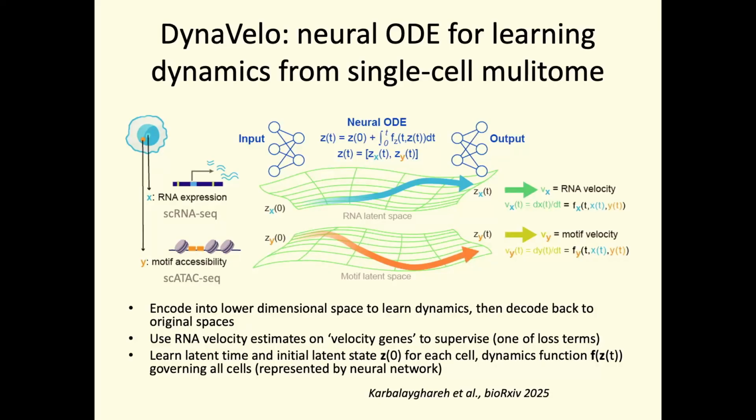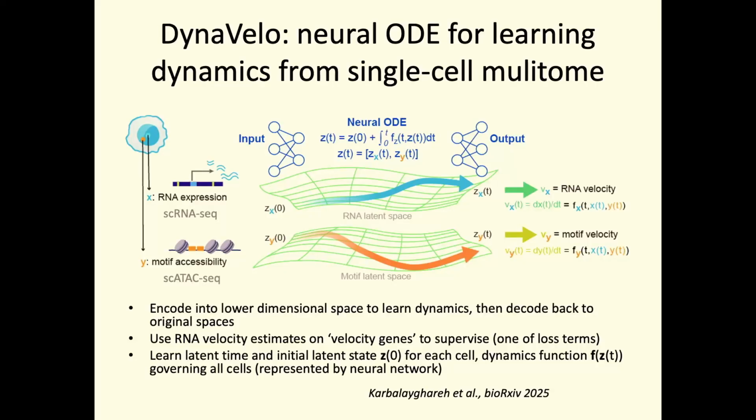Oh, I forgot to add the loss function. There are many aspects to the loss function. There's reconstruction loss, and we want the vector fields in the RNA space and the motif space to be consistent. And then we also supervise with RNA velocity.